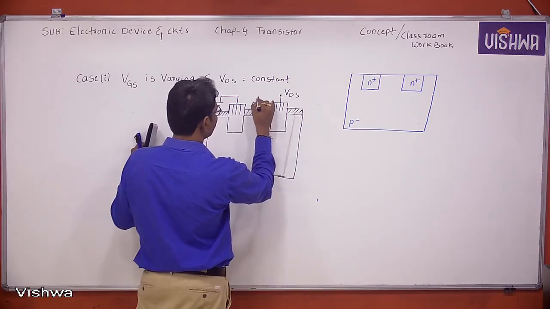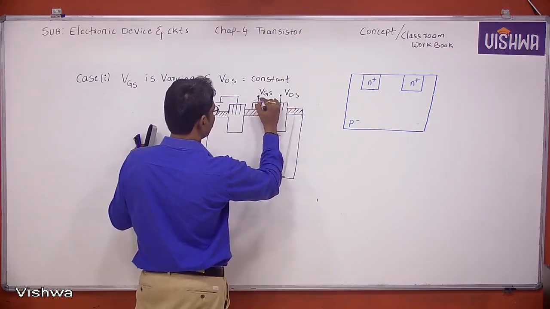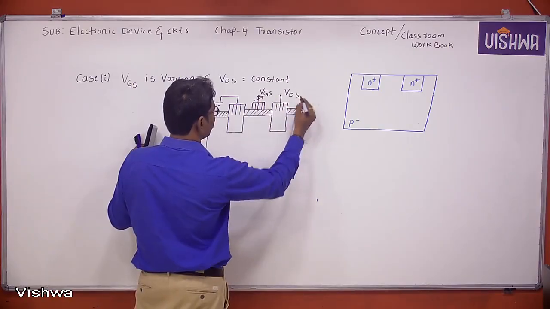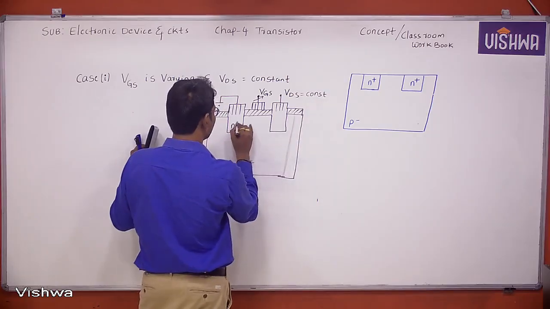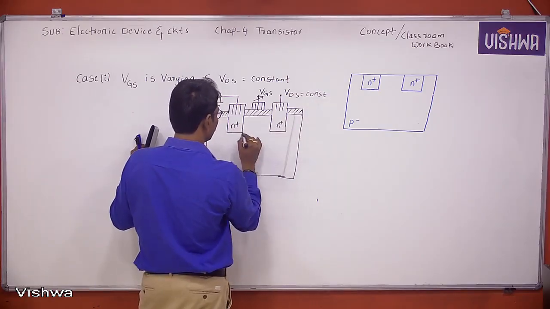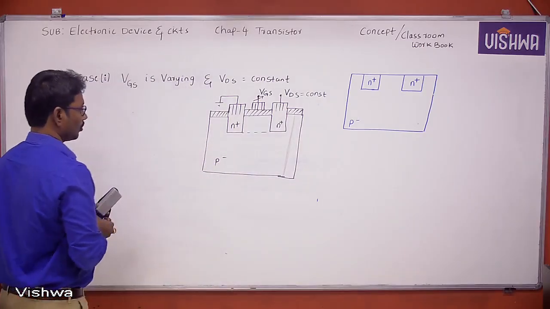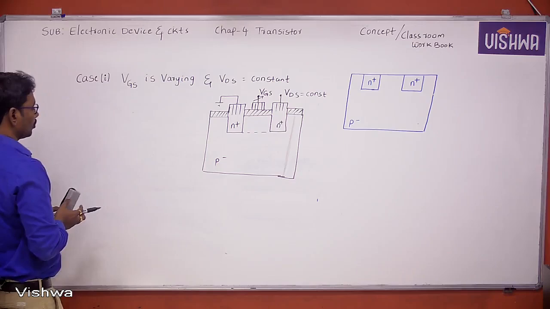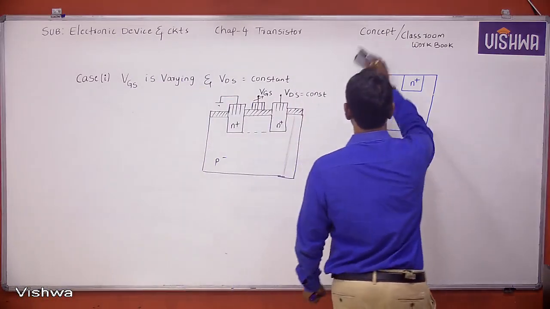Copy here. VGS is varying and VDS is constant, right? Copy. Copy this diagram.